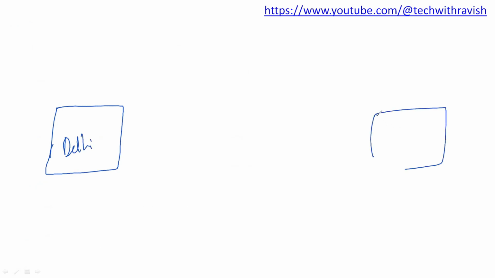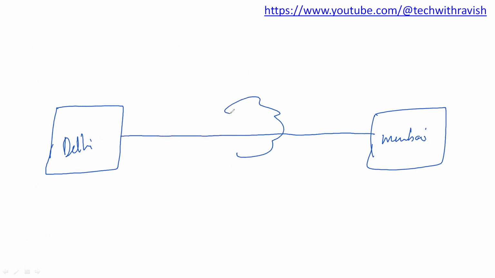Like I told you, you have multiple branches, like this is Delhi and this is your Mumbai branch, and I just want to share information or resources between them via the open internet. It may be possible that your data can be captured by someone over the internet.